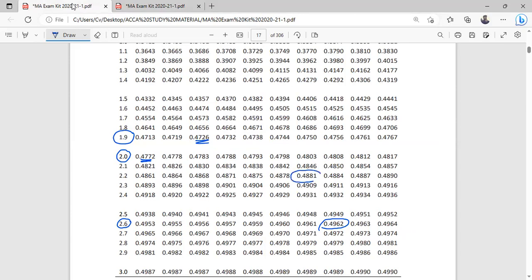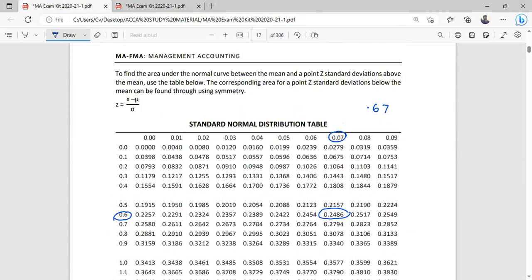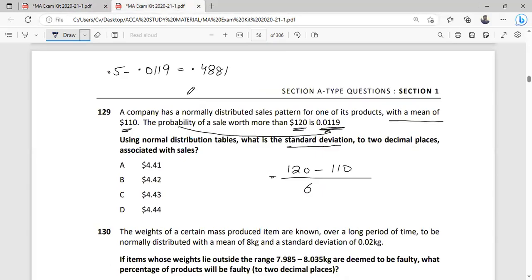Here we have 0.4881, which means 2.2 from here, and 0.06, yes, 0.06, which means that the value of z is basically 2.26.